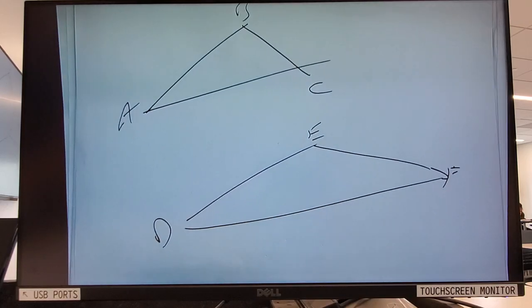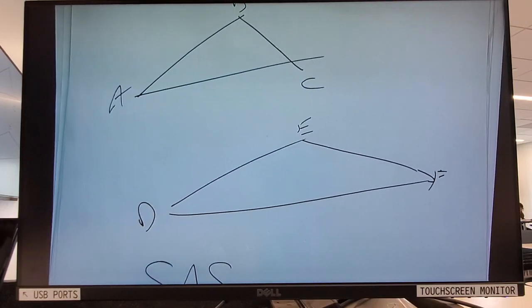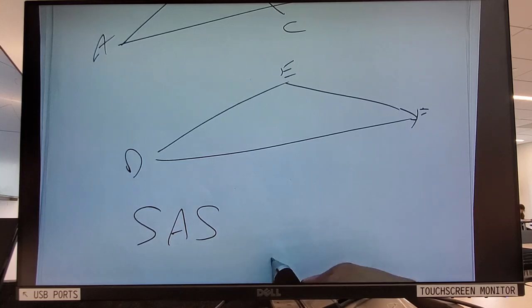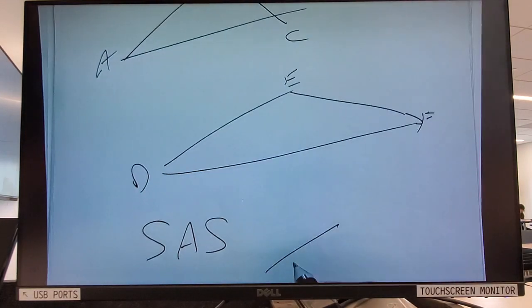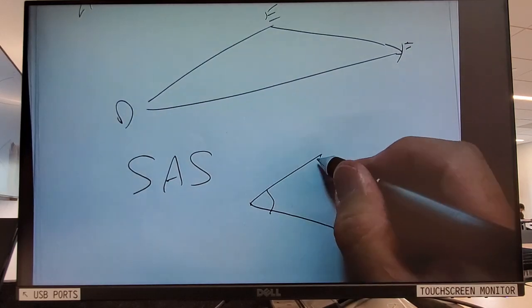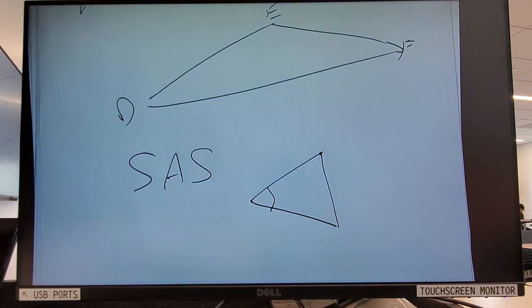So real quick, side angle side. If this side and this angle were the same between the 2 triangles, the 2 triangles would be congruent, yes? So I have to stay away from that.